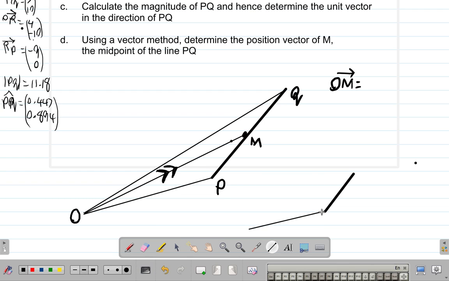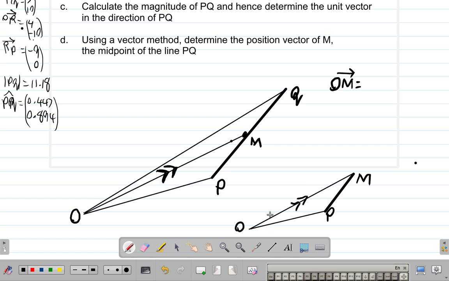So here now, we have P, M, and O. So this is what we have here. We're just taking the triangle out of this diagram and putting it to one side to reduce confusion and so on and so forth.